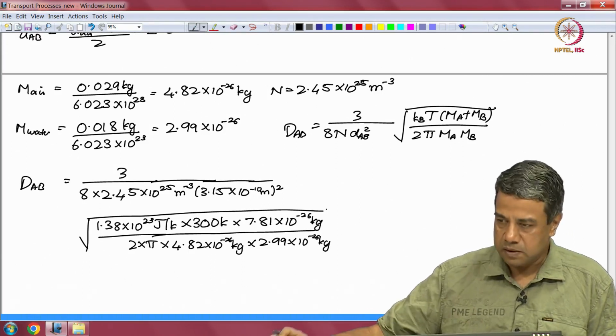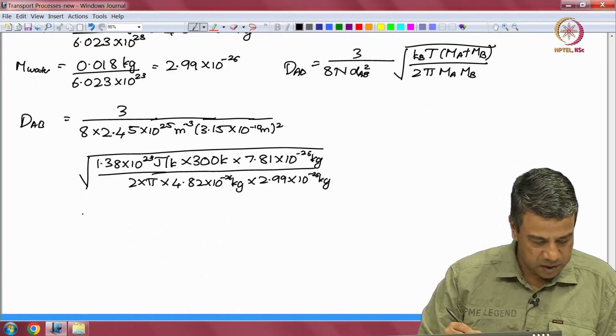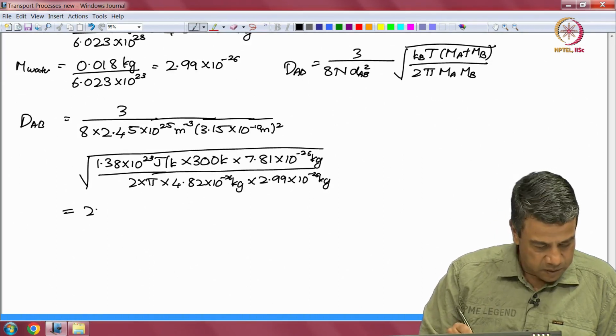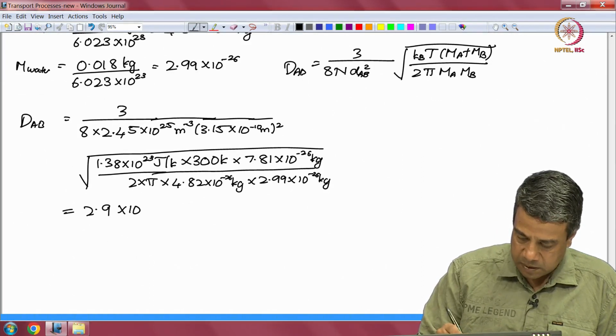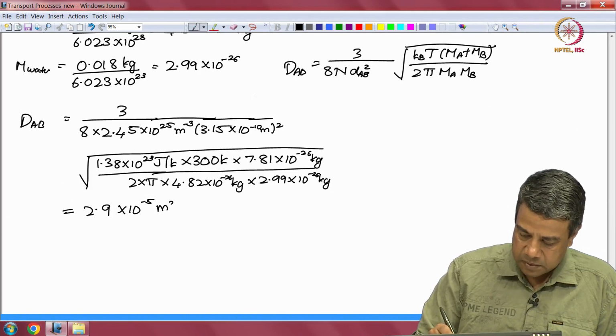So, this is the calculation you have to do, and ultimately you will get 2.9 into 10 power minus 5 meter square per second.